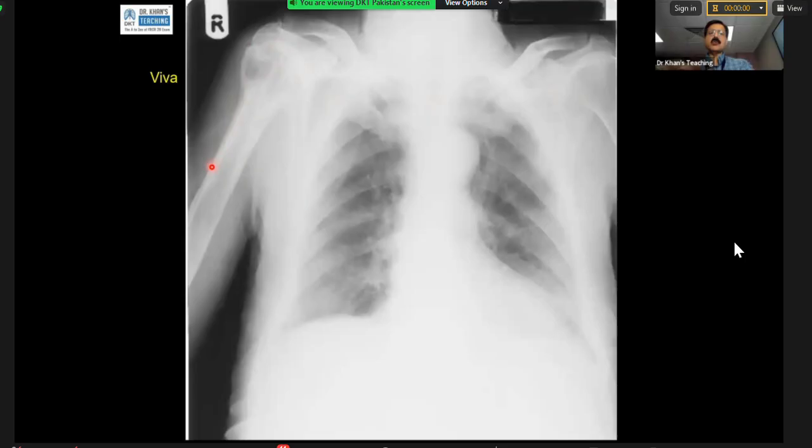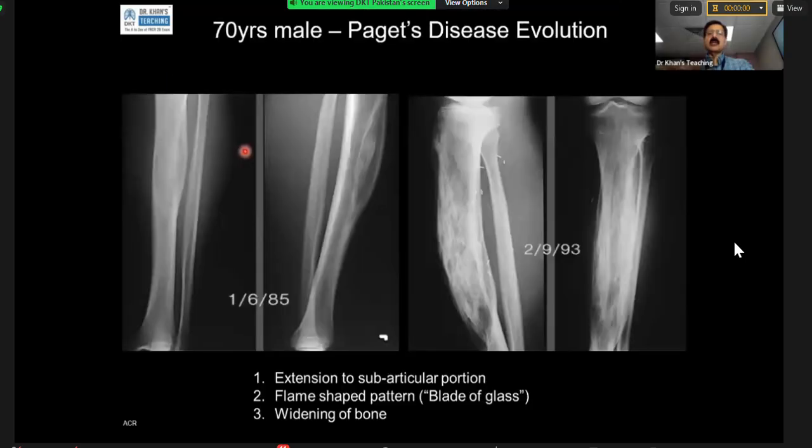This lucency gives you the appearance of a periosteal reaction. Your thoughts are absolutely fine, that I will be worried about malignant transformation. But once I tell you that this patient is asymptomatic, no pain, no nothing, this is that lytic phase.